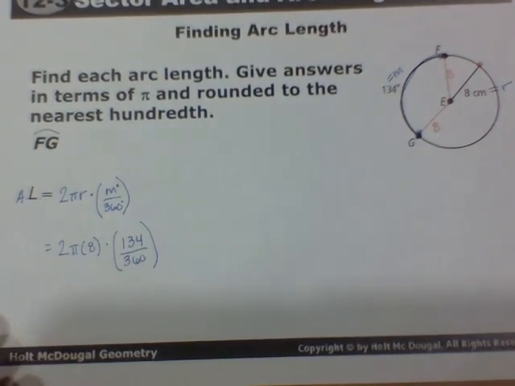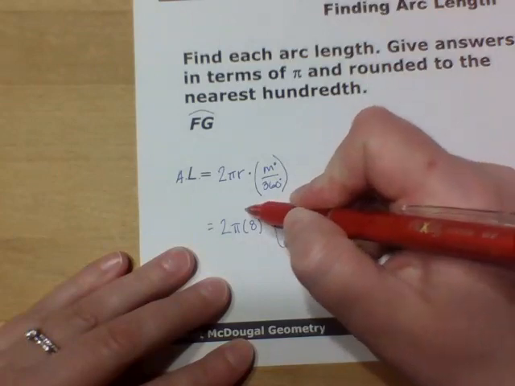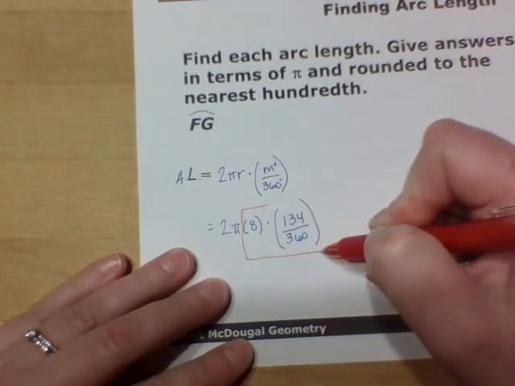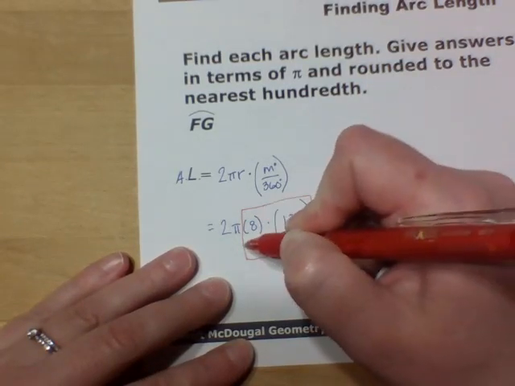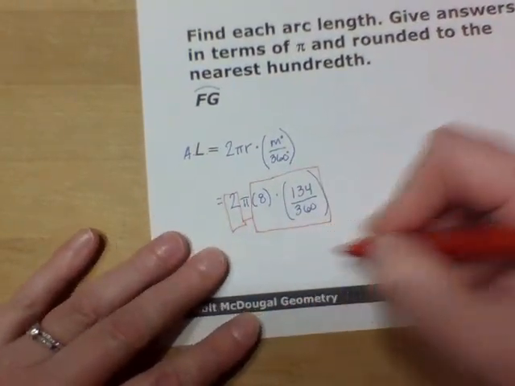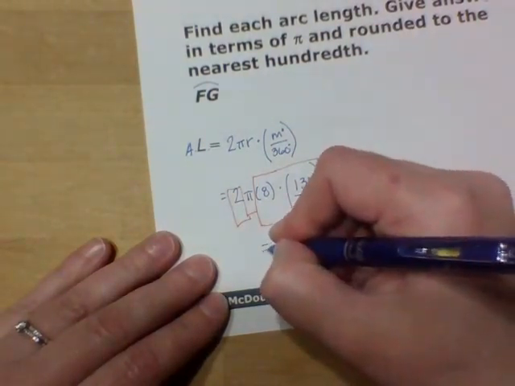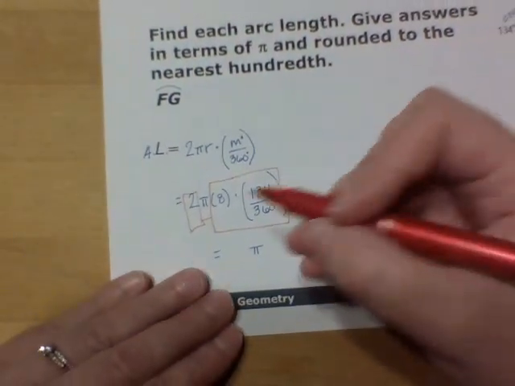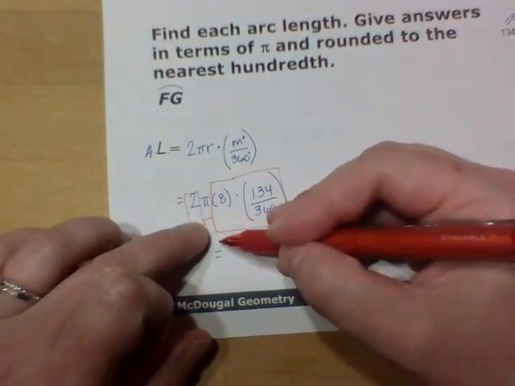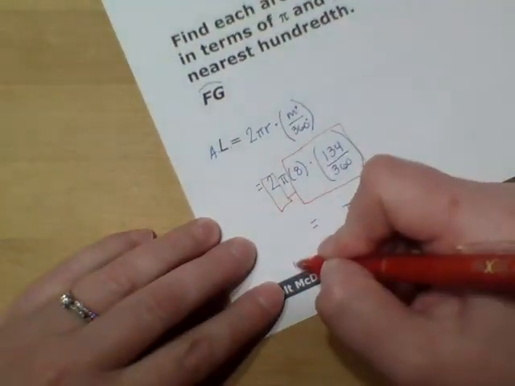All right. So to find this in terms of pi, that means that we need to find this value along with this value, and then throw a pi at the end. Which sounds messy, but the idea is that I need to get the red pieces and then a pi at the end, and that's in terms of pi.